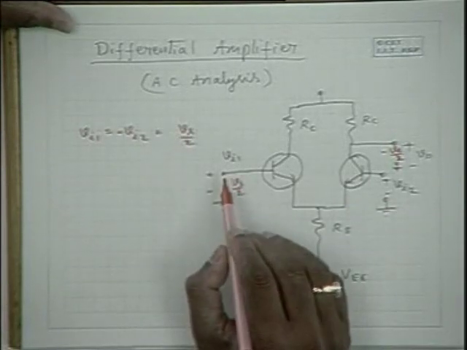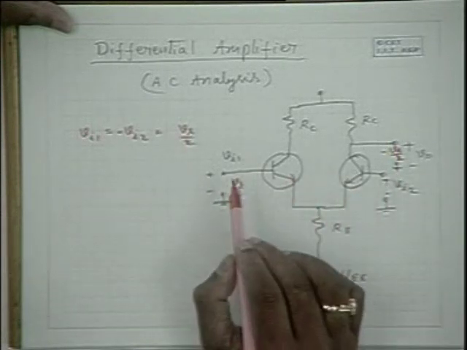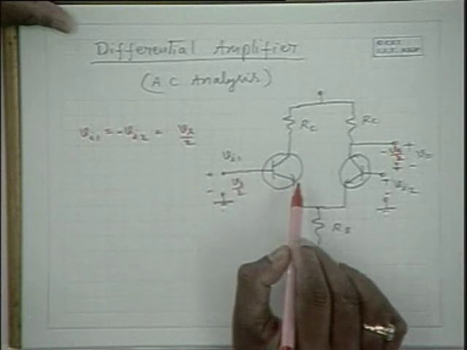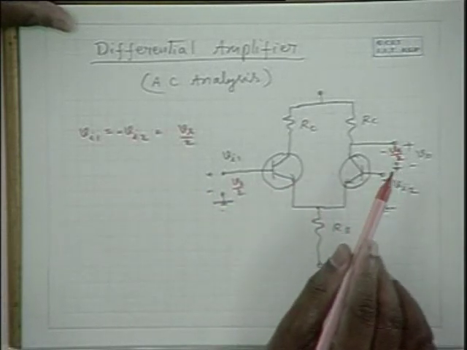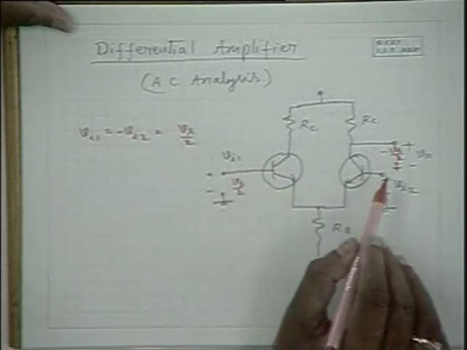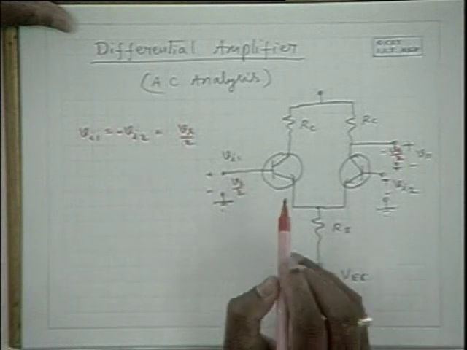Please note that these two transistors are biased at 0 potential for the base. Hence, in the absence of the signal, the input is just grounded.